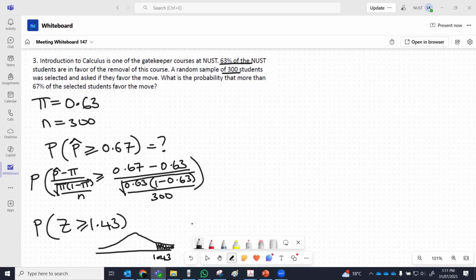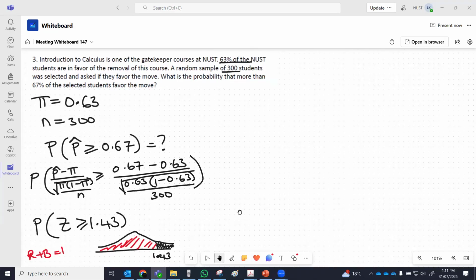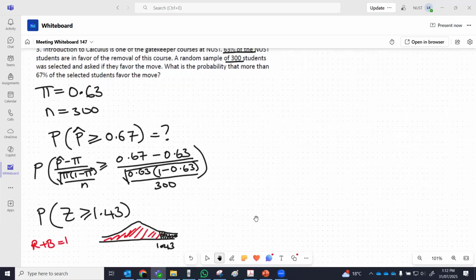Then you remember that on our table, the area that we are given is the area on the left. So we are given this red area here. And remember that red plus the black equals 1. So if we want the black, it is equal to 1 minus red.